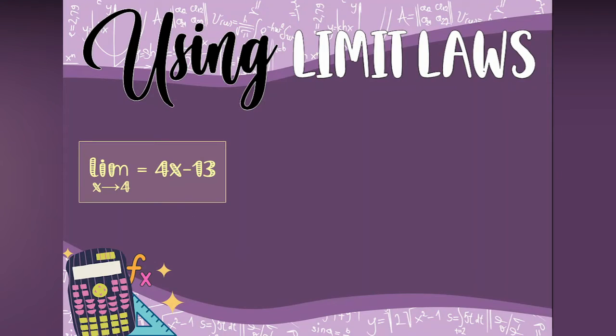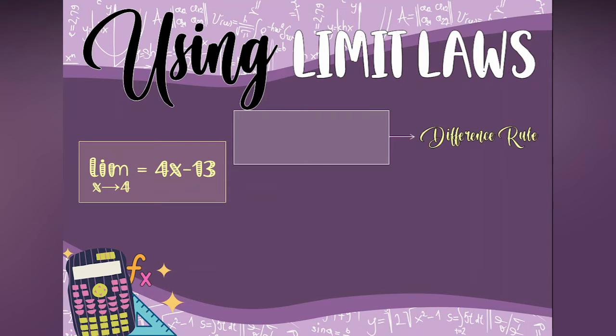Now let us answer the limits of the function using limit laws. Now, based on our given function, let us determine and answer the applicable limit laws. So the function is limit of 4x minus 13 as x approaches 4. The first thing we do is apply the difference rule and separate them. The limit of 4x as x approaches 4 minus the limit of 13 as x approaches 4.